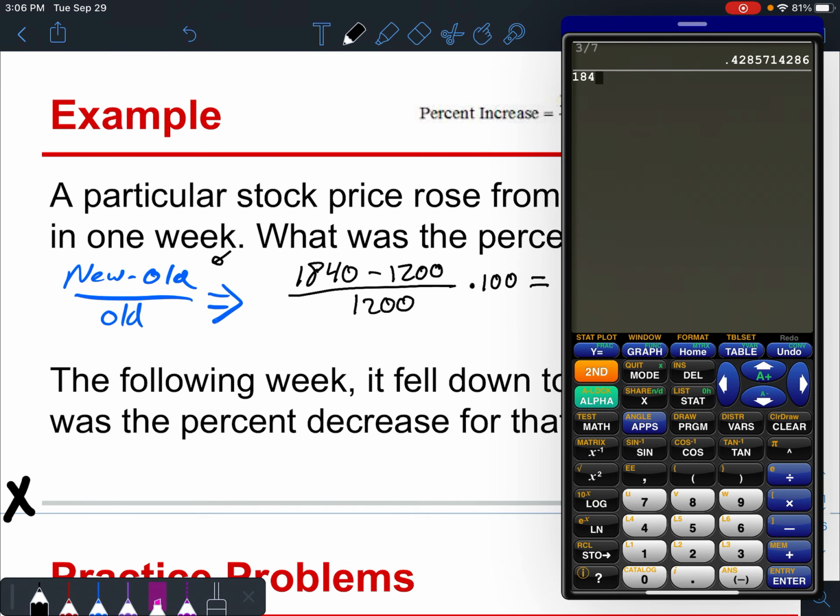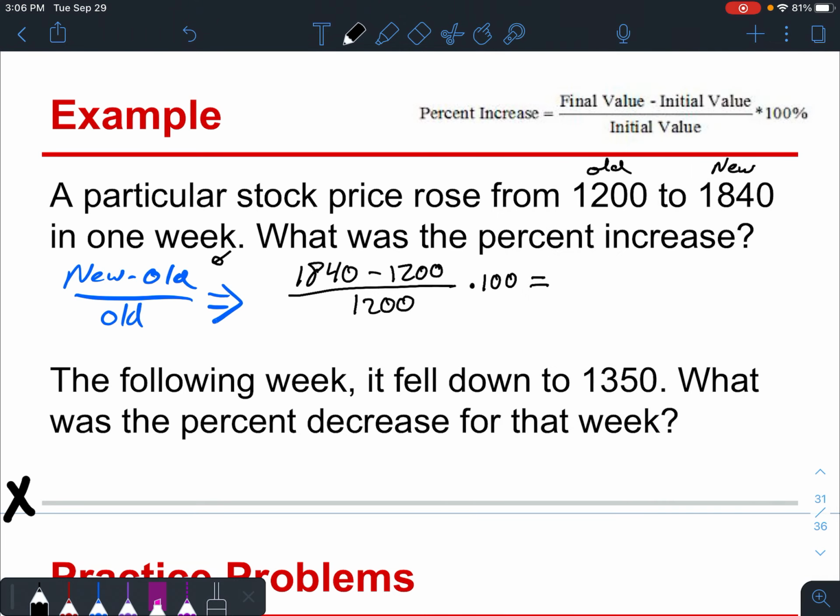So let's take a look. We've got 1840. We're going to subtract off our 1200. We're going to divide by 1200, and we get 0.5333. We'll multiply it by 100 to give us 53.3333%. We'll just say 53.33%. Now, this is positive. We can say it's an increase, or just being positive tells you that it's an increase.